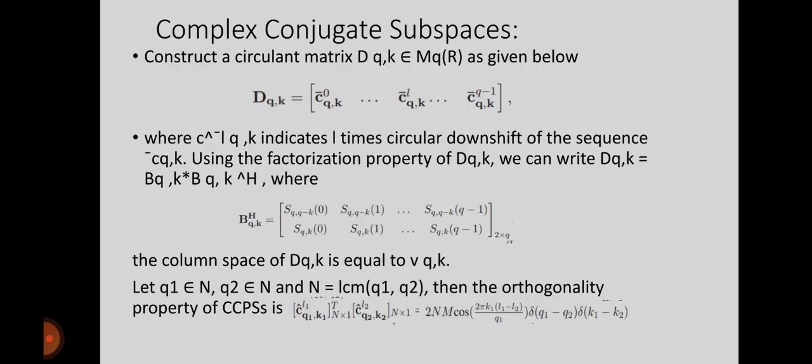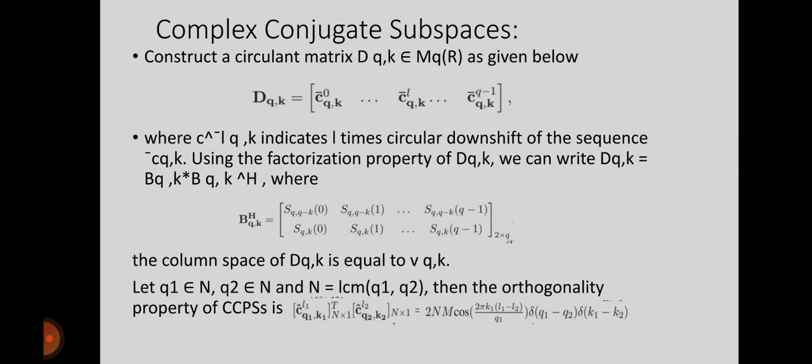Complex conjugate subspaces. Construct a circulant matrix D q k belonging to M q of R as given below, so that D q k is equal to C bar q k, C bar 1 q k, and so on, C bar q minus 1 q k, where C bar L q k indicates L times circular downshift of the sequence C bar q k.